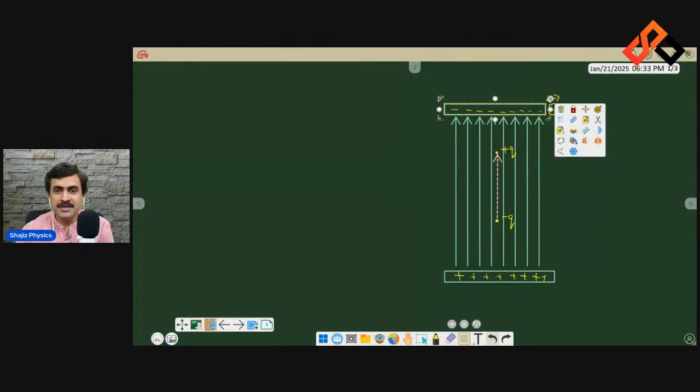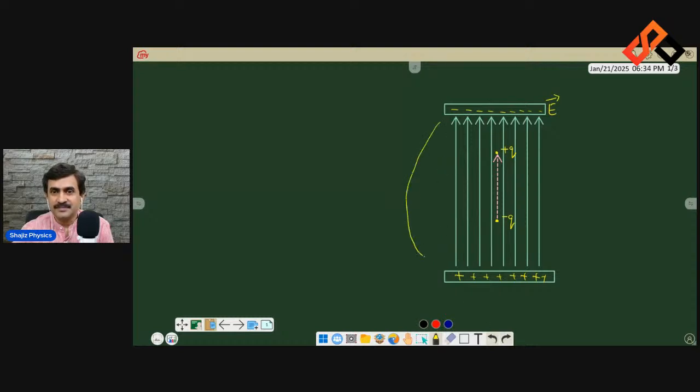At the end region, the field lines will be slightly bulging outwards. But in the mid region, the electric field will be uniform. The field lines will be parallel, equidistant, and unidirectional. Okay, that's it. Now, let me clear this one.